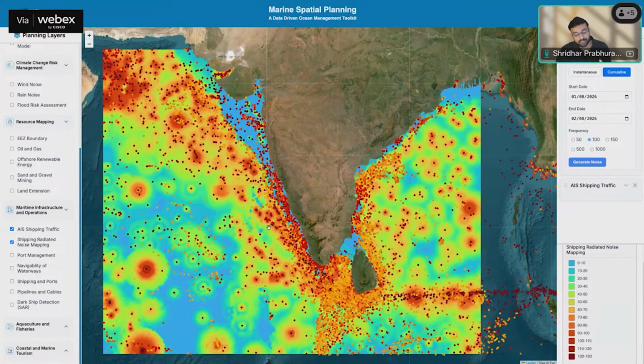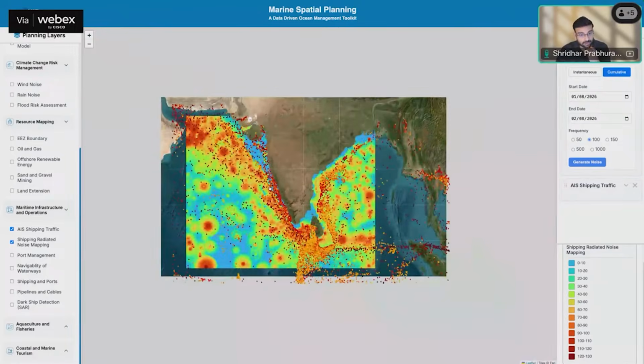Based upon the sound speed profile conditions, so temperature, salinity, the depth of the water, the bathymetry, it allows us to see how the sound is going to travel and how much propagation loss is going to happen to the sound emitted from the ship. Using those calculations, we computed this shipping noise map.